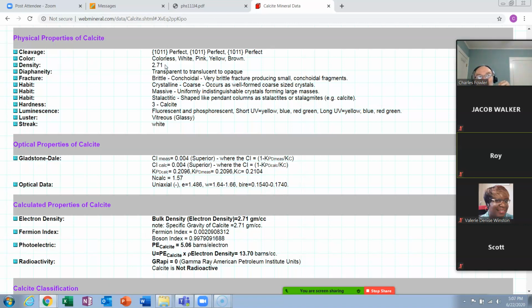It'll either be grams per cubic centimeter, kilograms per cubic meter, pounds per cubic inch, or if it's a specific gravity, it'll just be this. So that's actually the best number. Specific gravity, no units, 2.71. You've just done calcite. Okay? And then after that, you go to the next mineral.